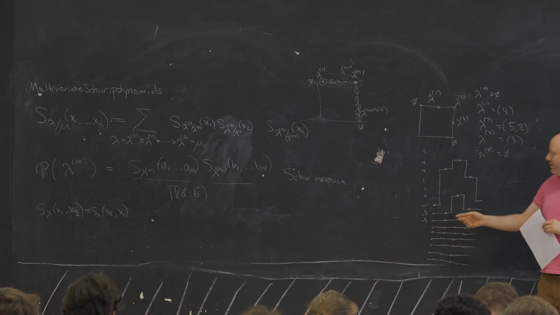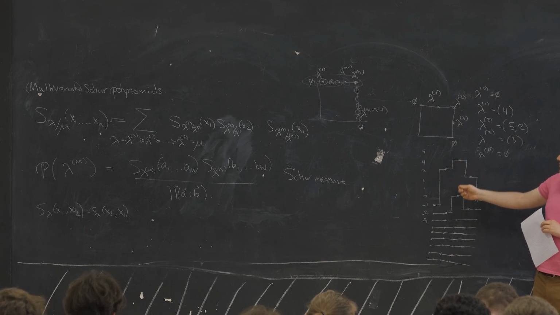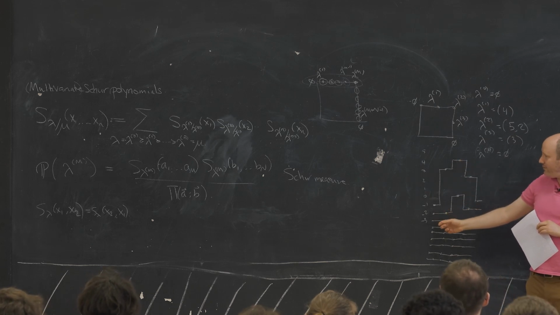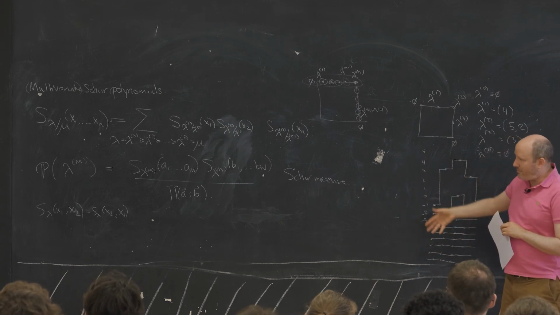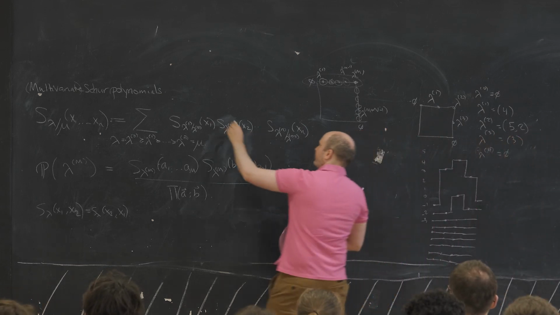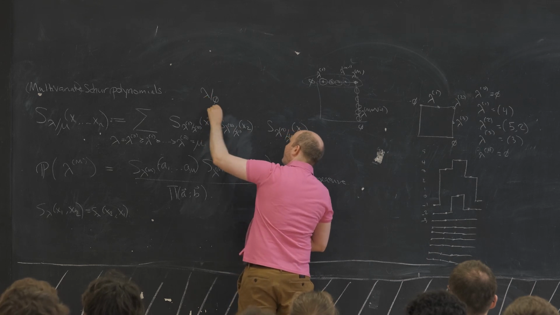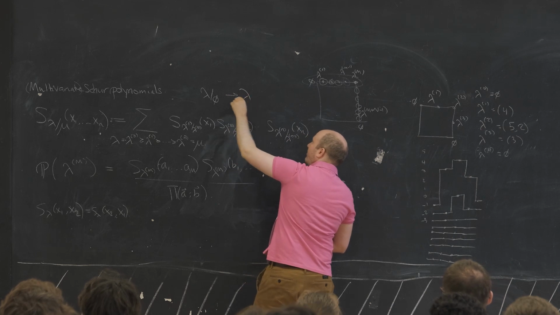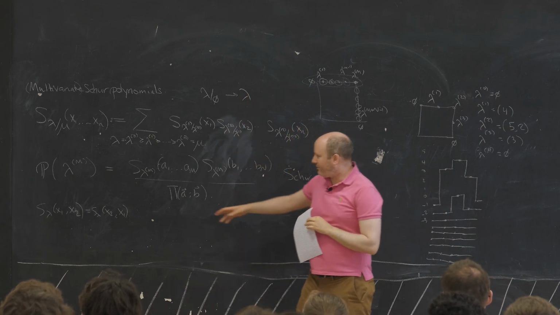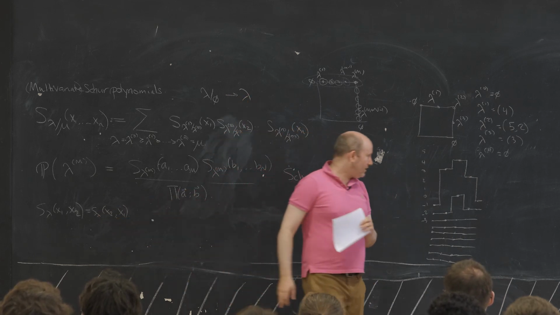So this is saying that the Schur polynomial is given by starting with some partition mu, maybe the empty one. Just to be clear, when mu is the empty partition, I just write this as s lambda. So that's how this s lambda is defined.